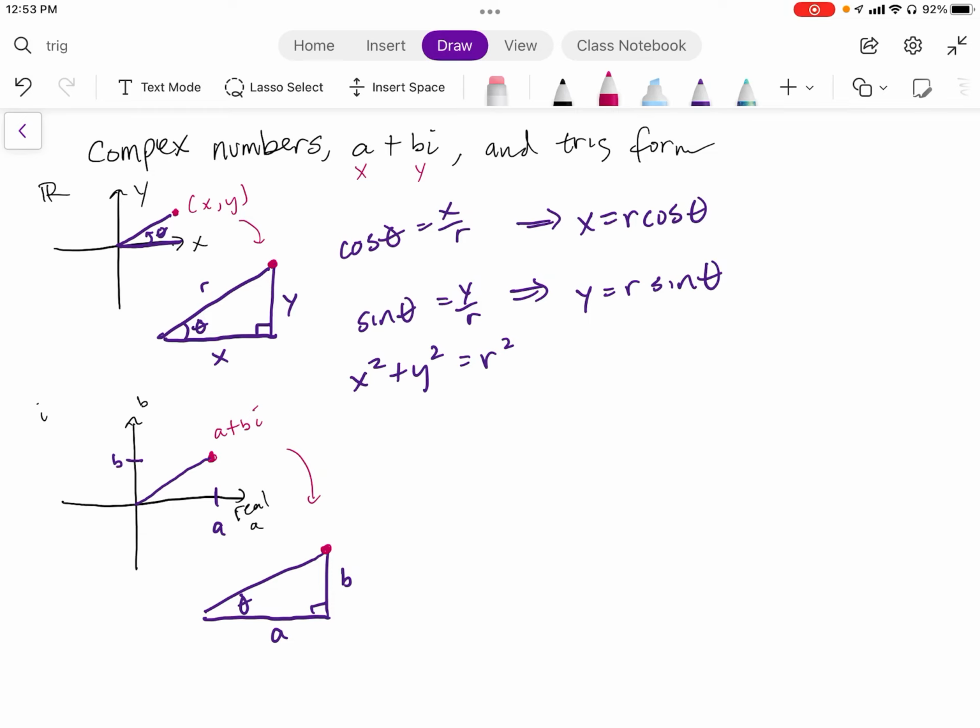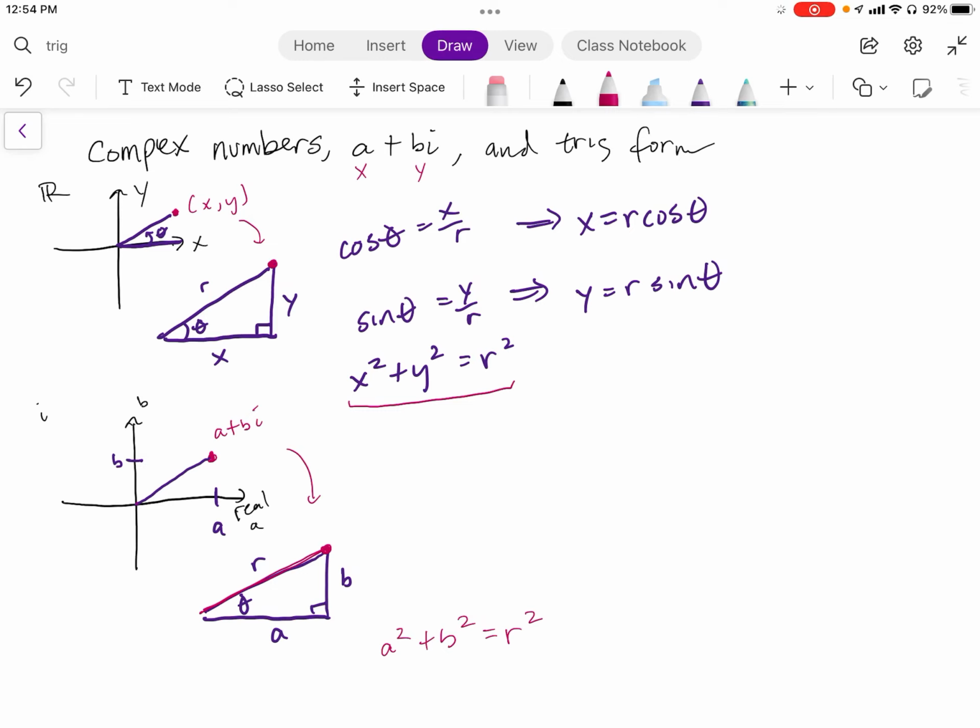So now when we find r, the formula that we had before, x squared plus y squared, still holds true. We have a right triangle, but it's a squared plus b squared equals r squared. Now, in complex form, what we usually call this distance r is the distance from the origin.